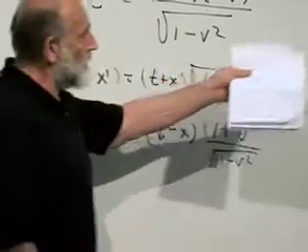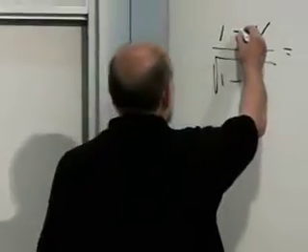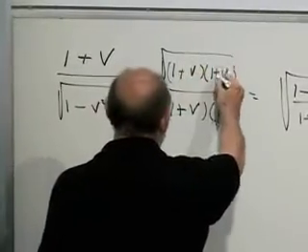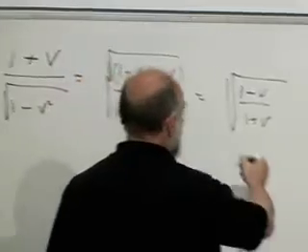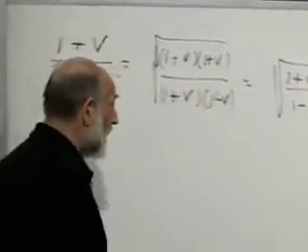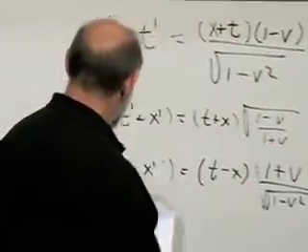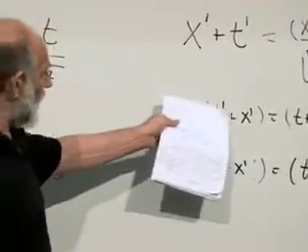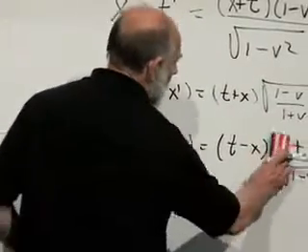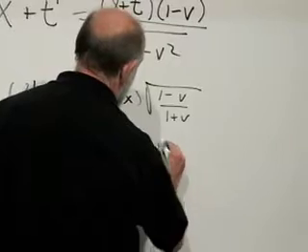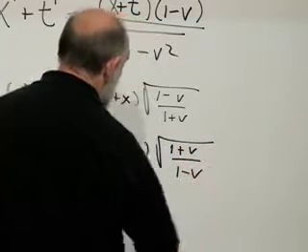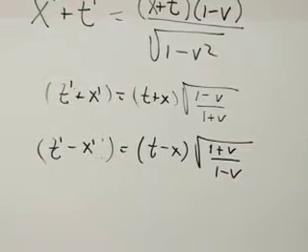But if you go through the same exercise here, what you get is the square root of 1 plus v over 1 minus v. It looks almost the same as the equation for x prime plus t prime, but with a slight difference: the square root that appears here is the square root of 1 plus v over 1 minus v. Now, let's stop and look at what we have.